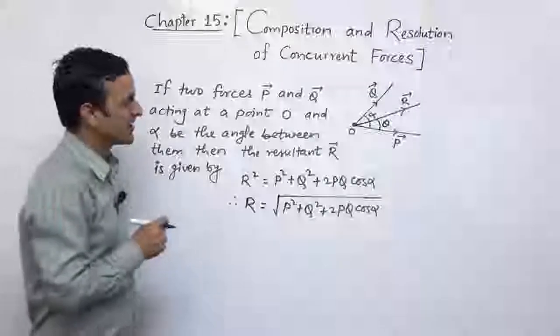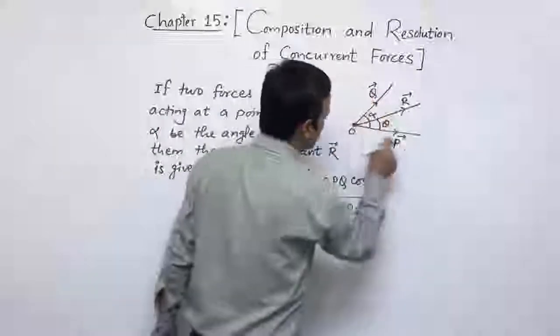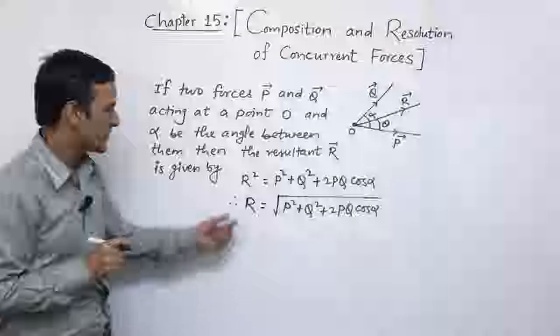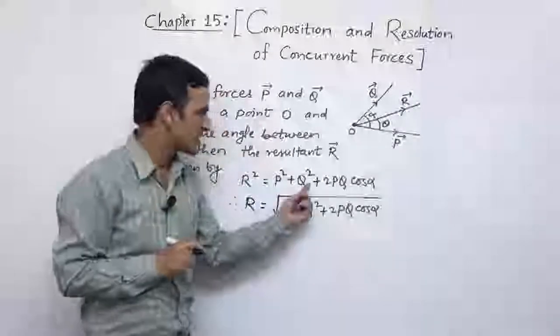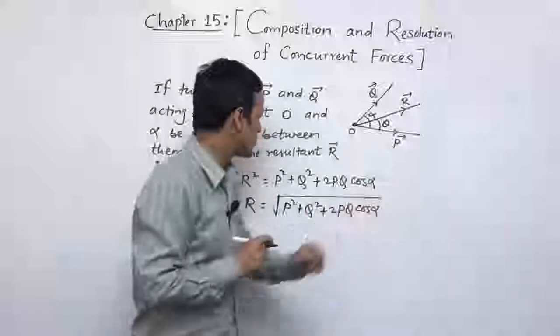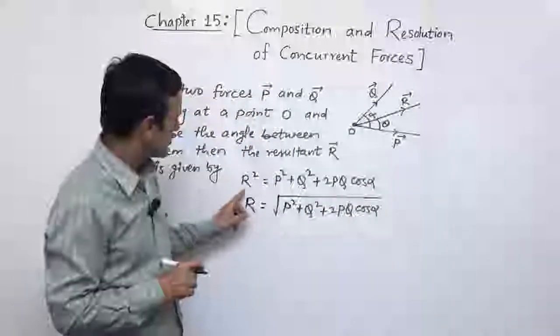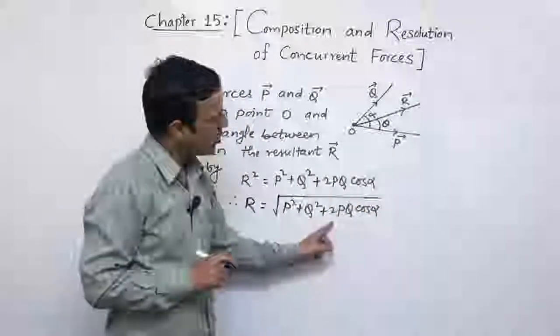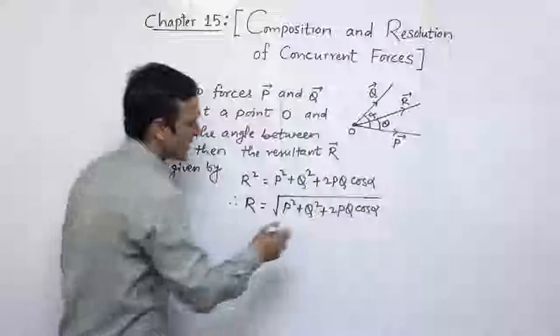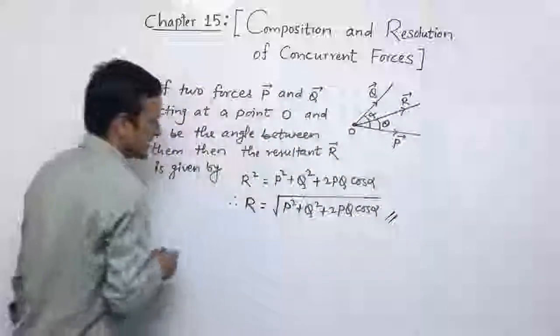R square is equal to P square plus Q square plus 2PQ cos alpha, which is also written as R equal to the square root of this whole term. So this is the formula of the resultant.